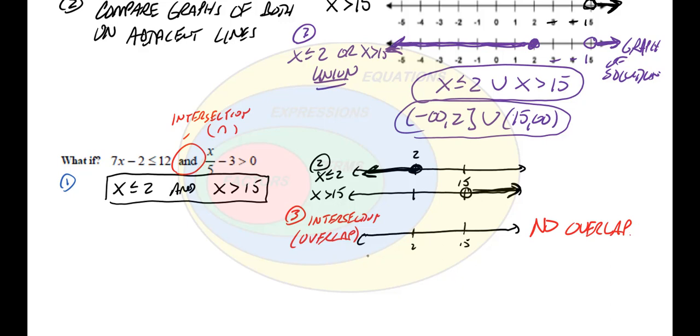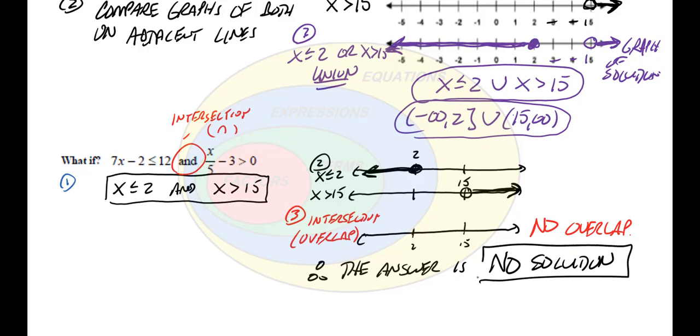Therefore, the answer is no solution. So that's actually our answer. For this compound inequality, since there's no overlap, there's no solution.